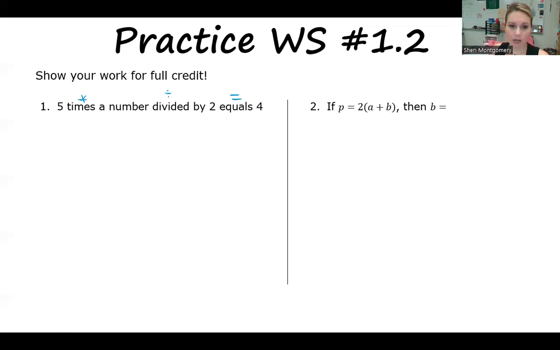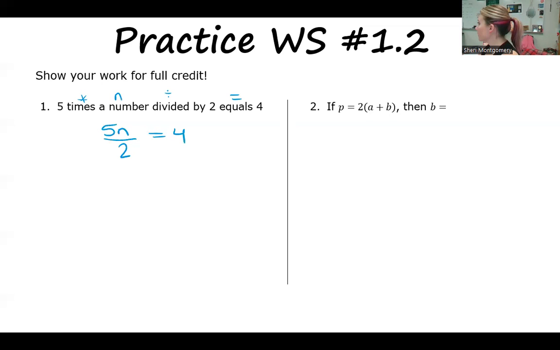So it says that we have 5 times a number. A number could be anything. It could be n, it could be x, it could be y. It's just a number. So 5 times a number, we could call that 5n. And then it says divided by 2 equals 4. 5 times a number equals 4.